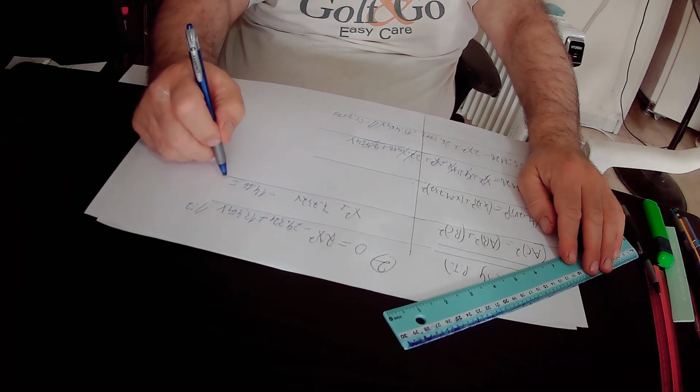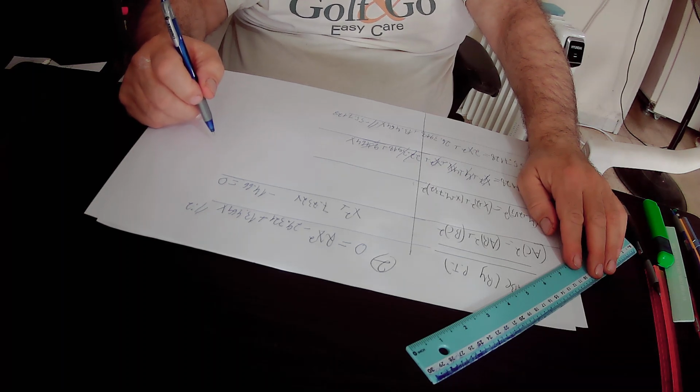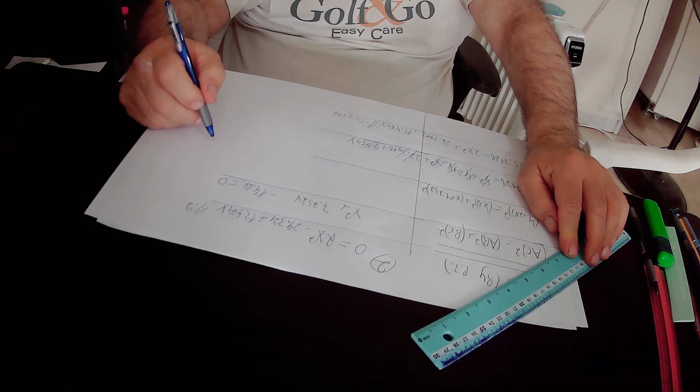In conclusion, we found out that x squared plus 7.232x minus 14.66 equals 0.